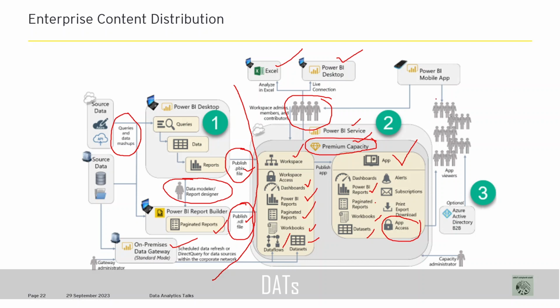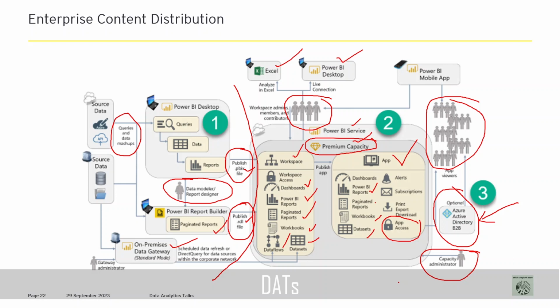Also, it can be consumed using Active Directory B2B and include the guest users too. So it involves additional capacity administrator who is managing the capacity, the load, the performance, and so on. So the enterprise content distribution is entirely different from a personal BI distribution scenario. Hope this makes sense. Okay, let's move on.